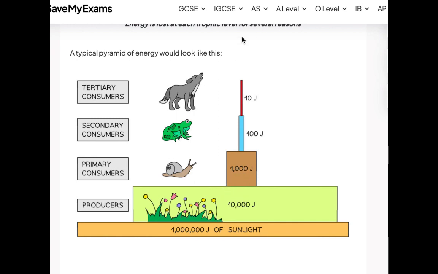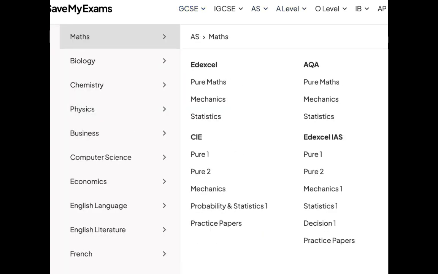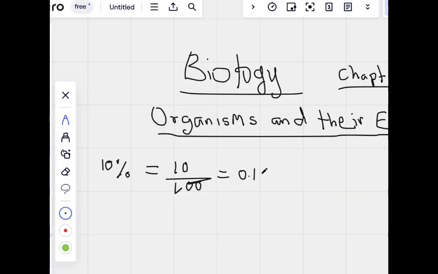So we calculate 0.1 multiplied by 10,000, and we get 1,000. So 1,000 joules will be available to the primary consumer.